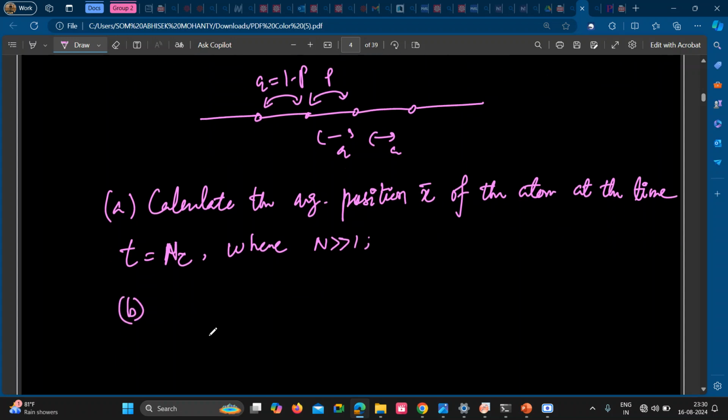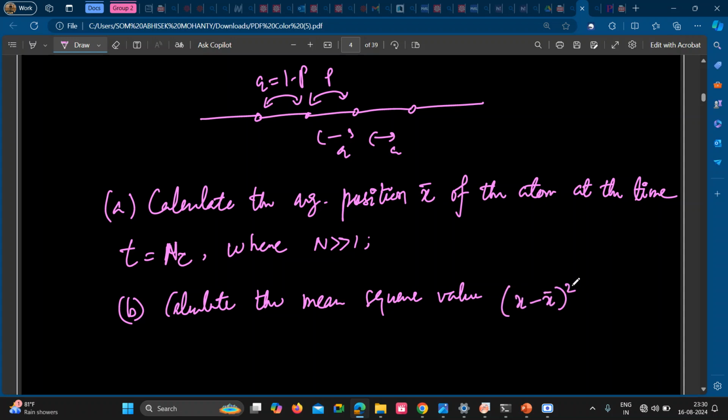B is: calculate the mean square value (x minus x bar) whole square bar at the time t.